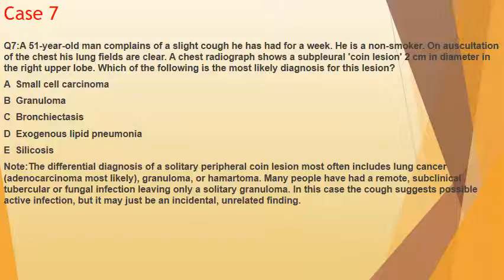Actually, there are certain differential diagnoses of a solitary peripheral coin lesion, which include lung cancer, mostly adenocarcinoma, because adenocarcinoma most likely arises peripherally, granuloma in tuberculosis, and hamartoma, which is a benign lesion of the lung and is also called a coin lesion.